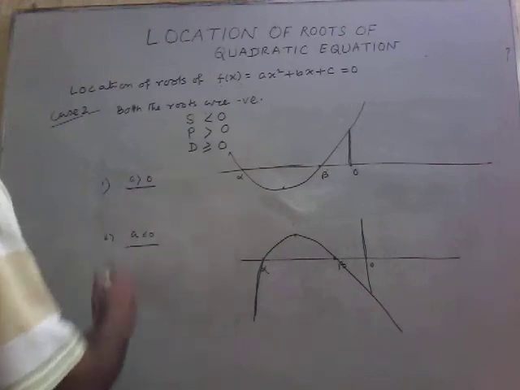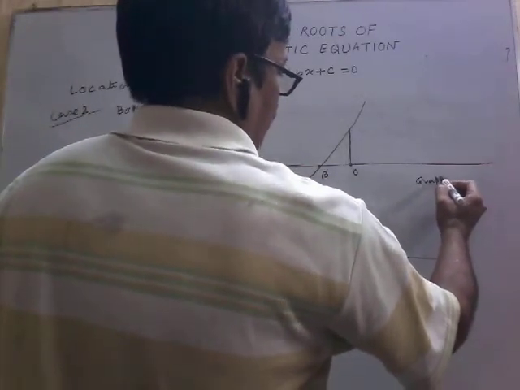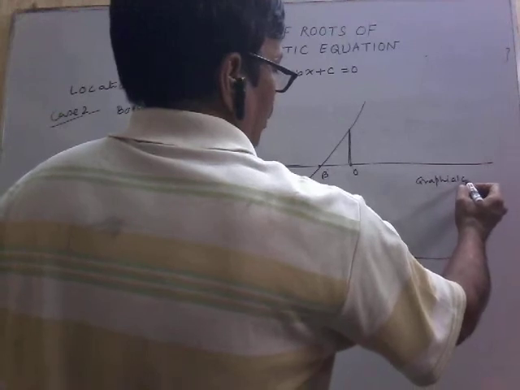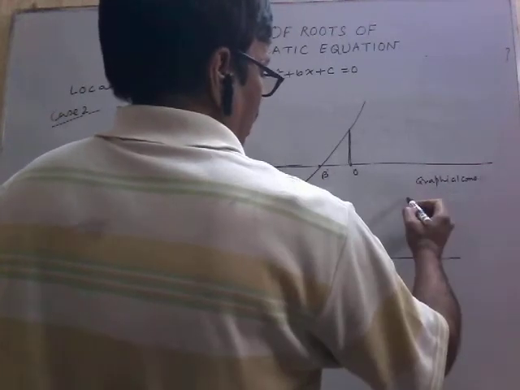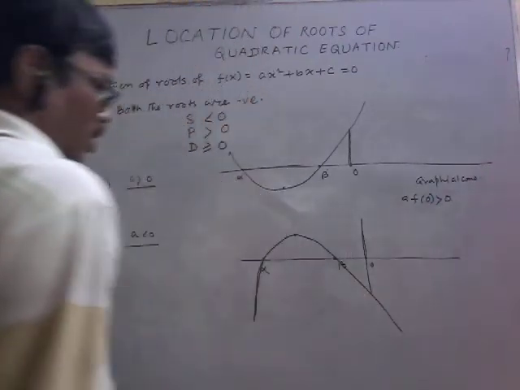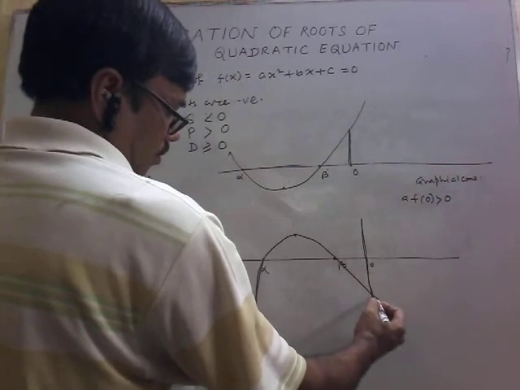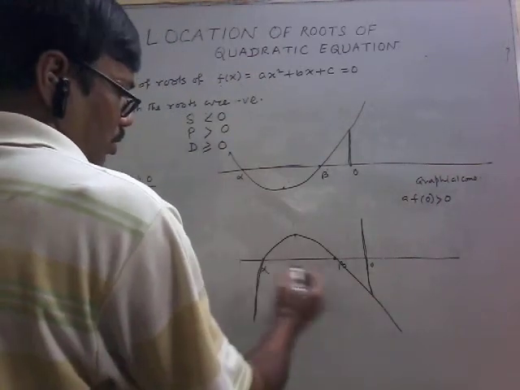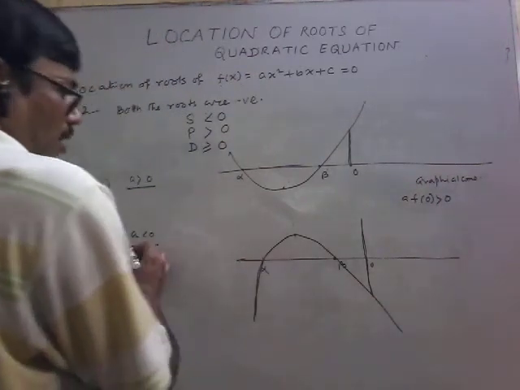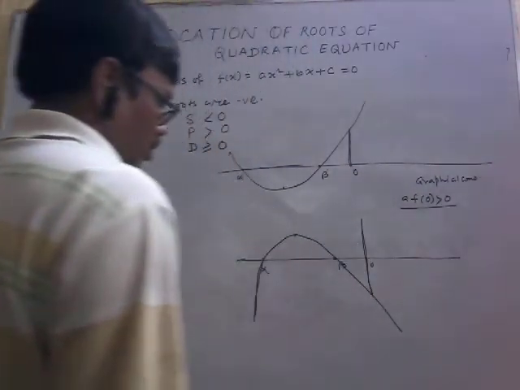So a into f(0), graphical condition. a into f(0) greater than 0. For this figure, look, this is negative. a also negative. So a into f(0) greater than 0.